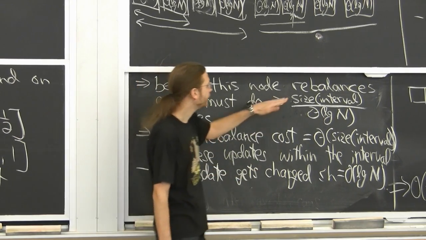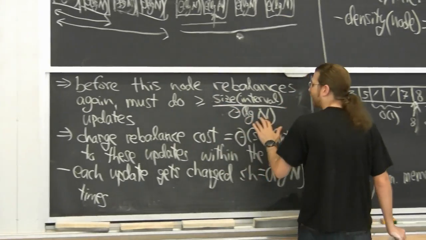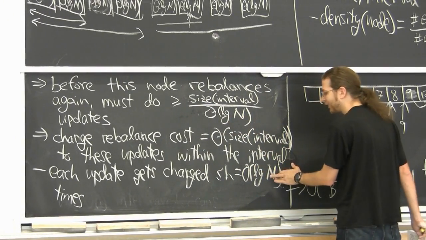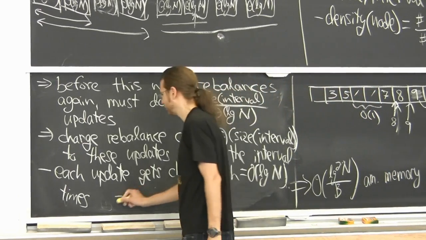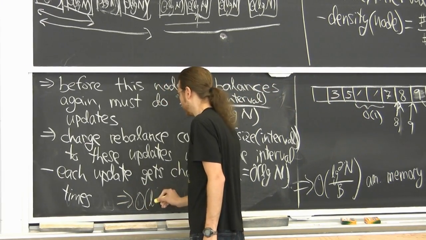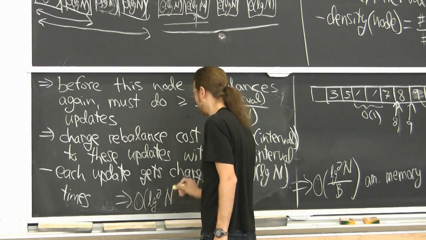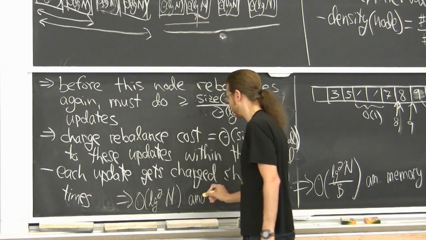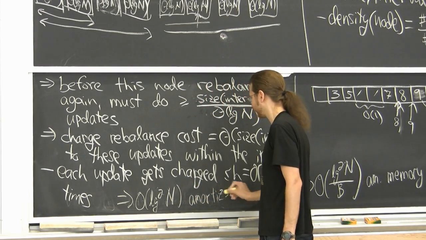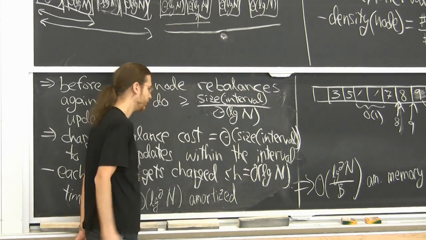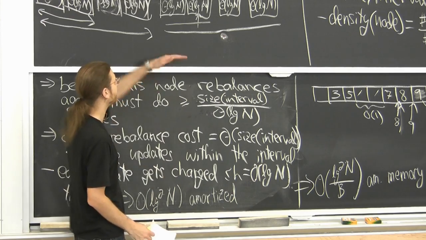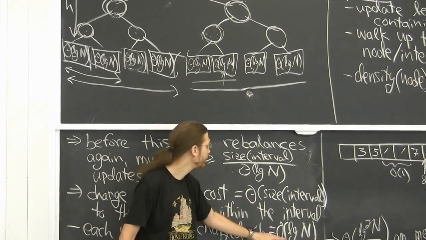Okay, so we've got size of the interval divided by log n guys to charge to, which we multiply charge log n times, so we get a log squared amortized bound. So this log n is hard to avoid because we have a binary tree. That's pretty natural.